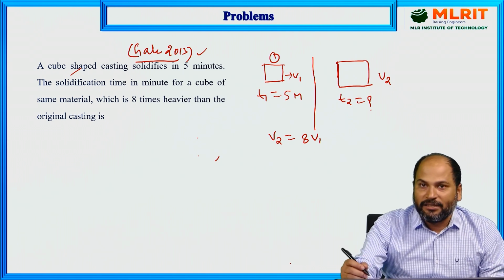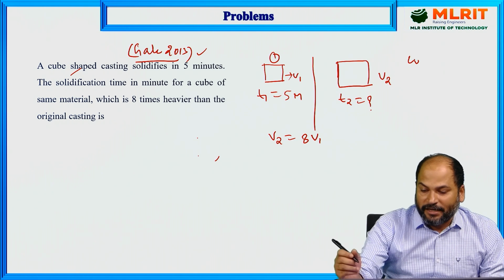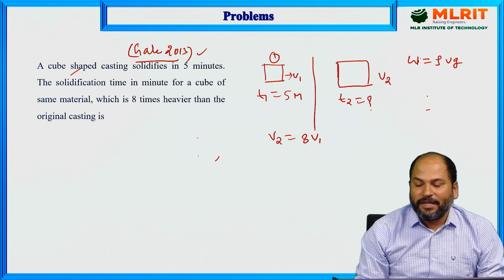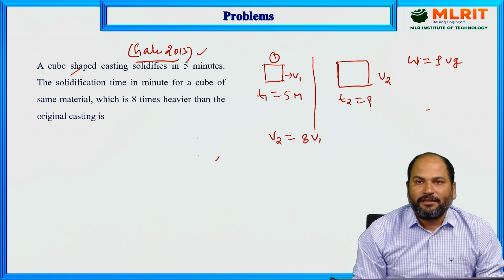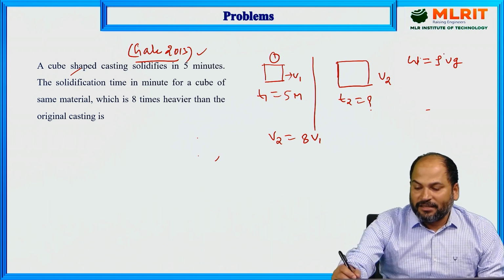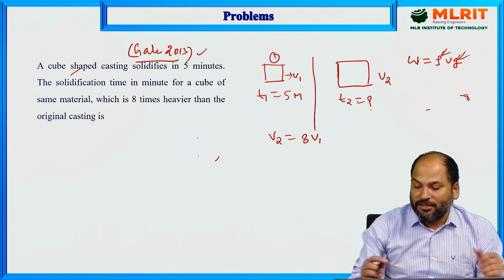We can easily find out weight is nothing but, if we write, W weight is equal to rho into V into g. Weight is in fact mass into acceleration due to gravity, and for mass we can write rho, where rho is density, V is the volume and g is acceleration due to gravity. So we can see here that rho for a given material is constant, and of course small g is a constant, that is acceleration due to gravity.